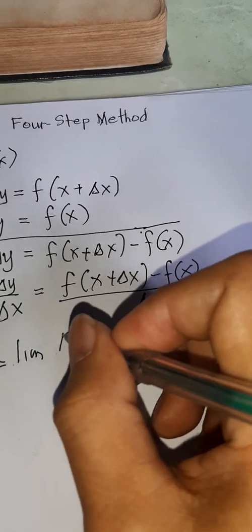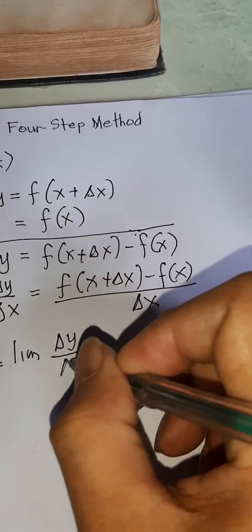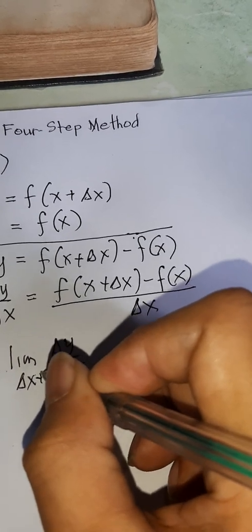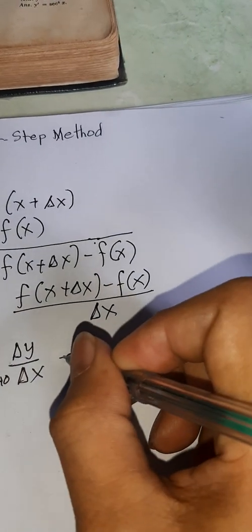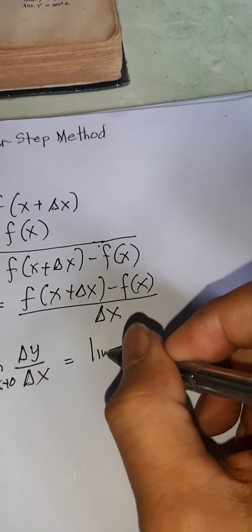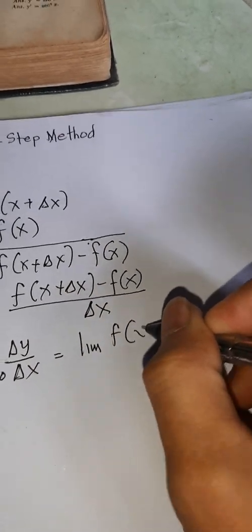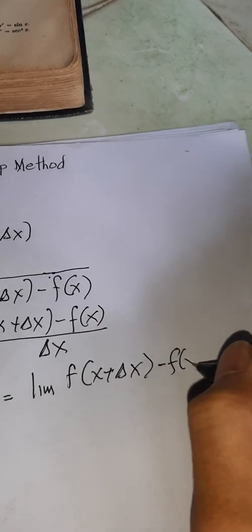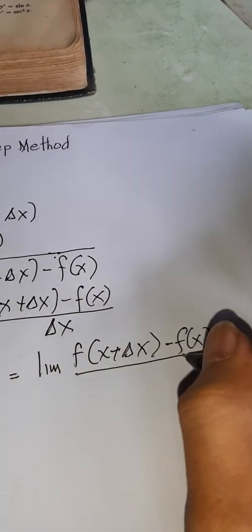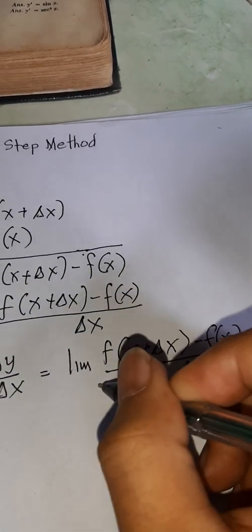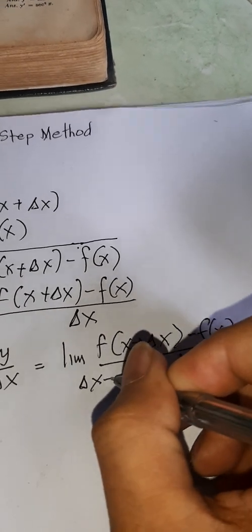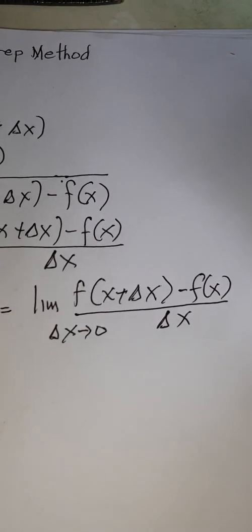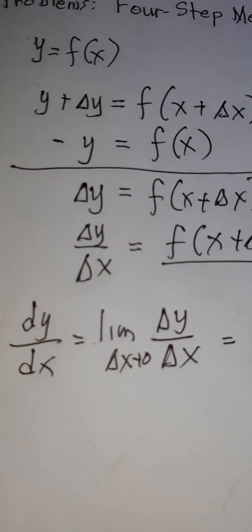The limit of delta y over delta x as delta x approaches 0 as a limit is equal to the limit of f of x plus delta x minus f of x over delta x as delta x approaches 0. This is the fundamental definition of differential calculus.